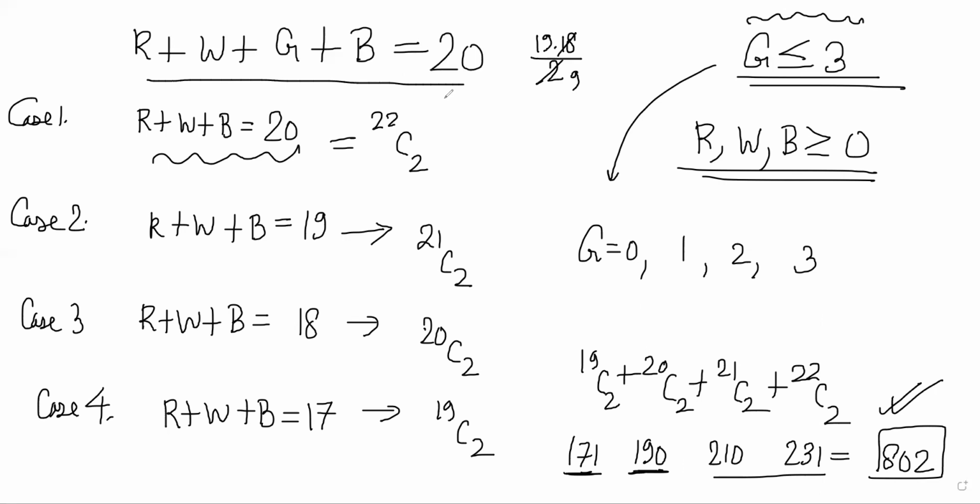You understand? This is your stars and bars method. The second part of the question was the selection has an even number of white balls.